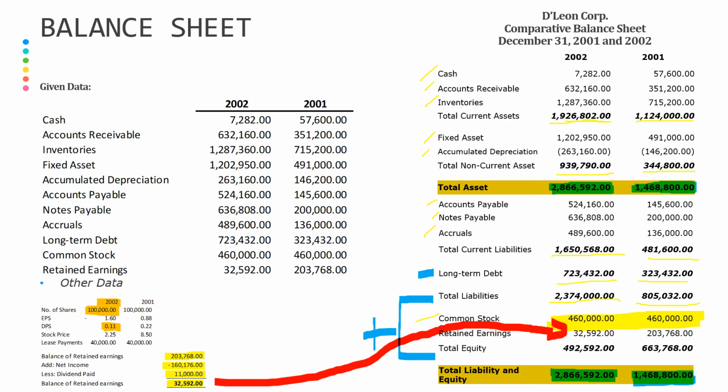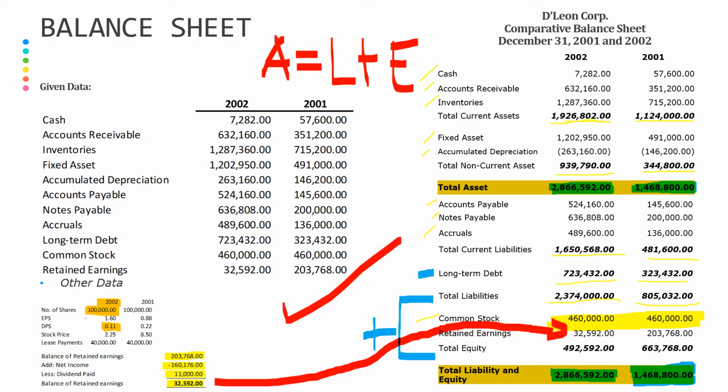To check if we have a correct balance sheet, we will be looking at the asset. Again, remember the equation: asset equals liability plus equity. Here the asset is 2,866,592 and the total liability and equity is 2,866,592. So definitely we have the correct balance sheet.